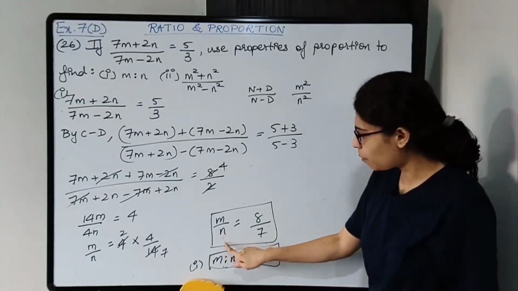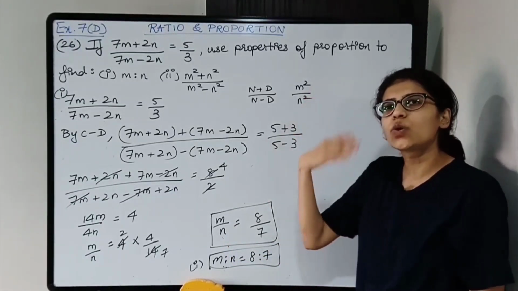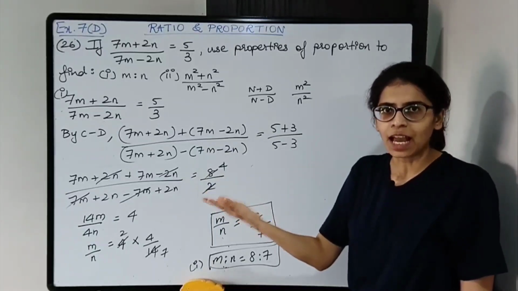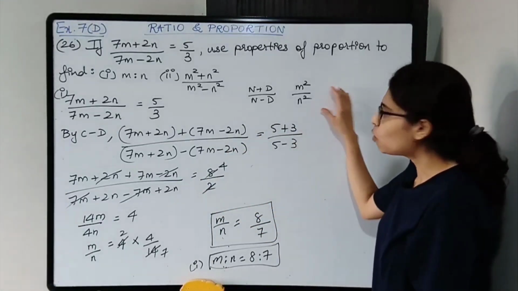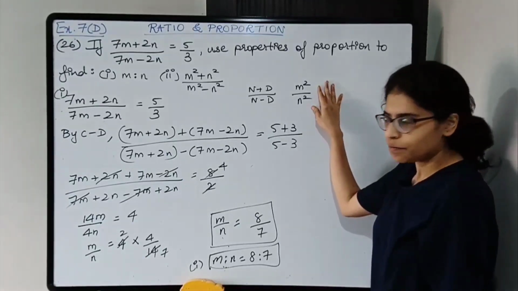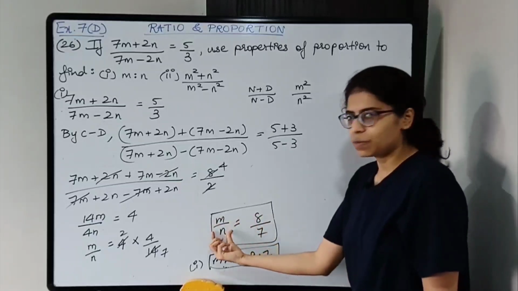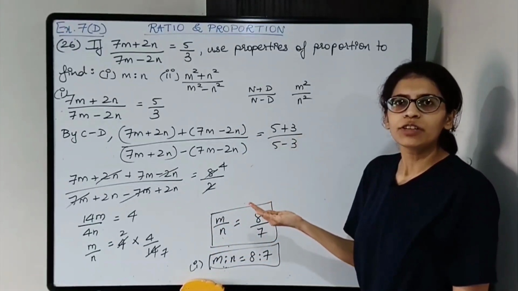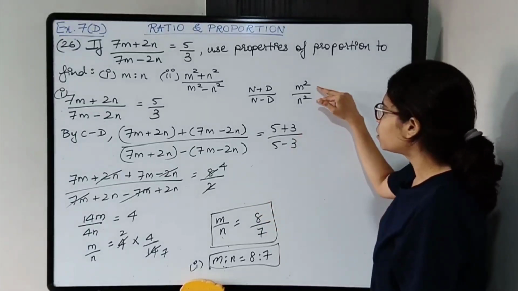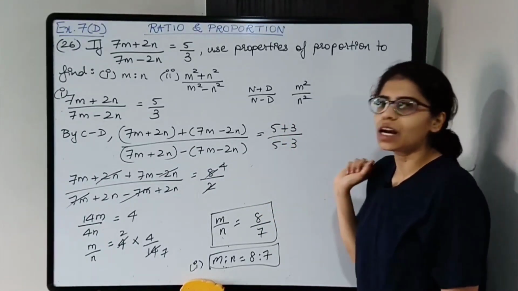We have the value of m upon n, so we can easily find m square upon n square, just square it and then apply componendo dividendo. So we know m upon n, we'll square it, so squaring on both the sides, here also square, here also square, you will get the value of m square upon n square. Then apply componendo dividendo, so by componendo dividendo it will be m square plus n square upon m square minus n square, same thing in RHS.